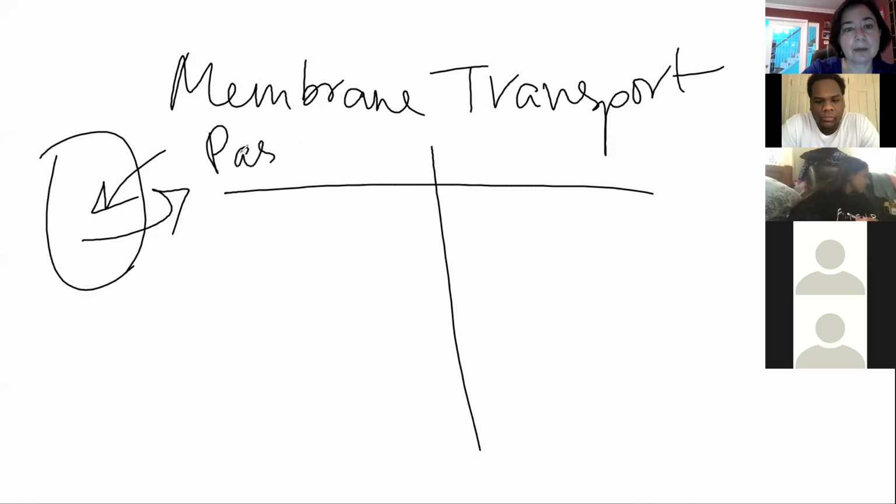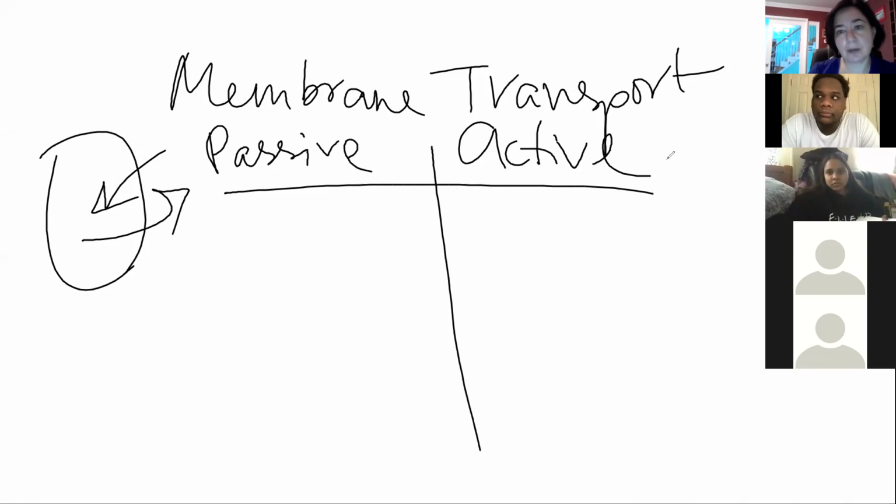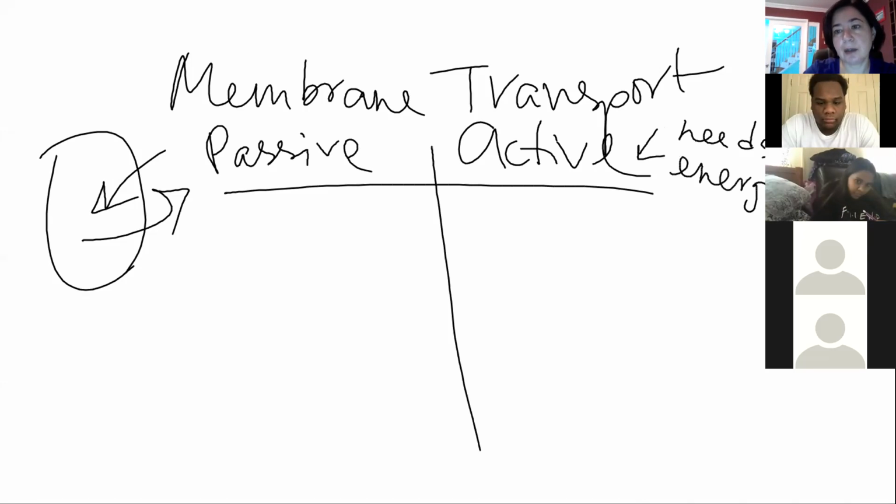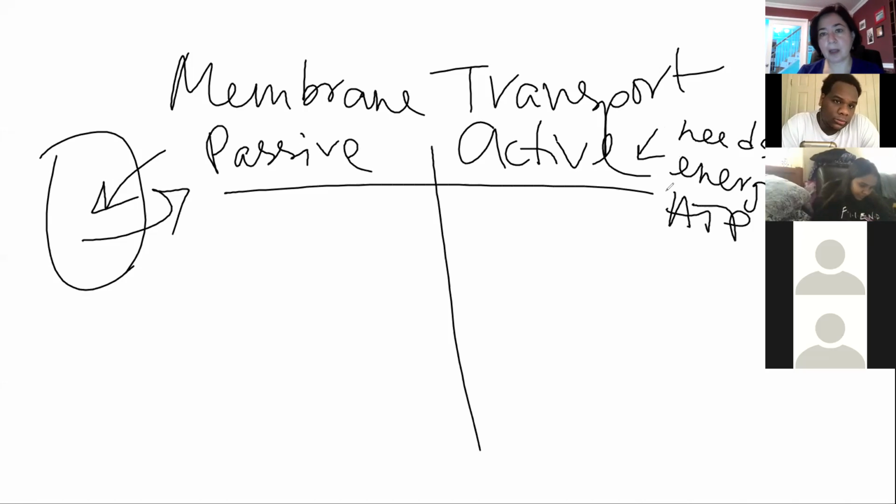Passive and active. What's the difference between passive and active transport? Active needs energy. Energy comes from the molecule called ATP. Active transport needs ATP. Passive transport doesn't need ATP.